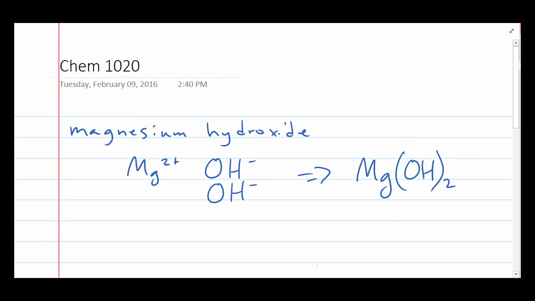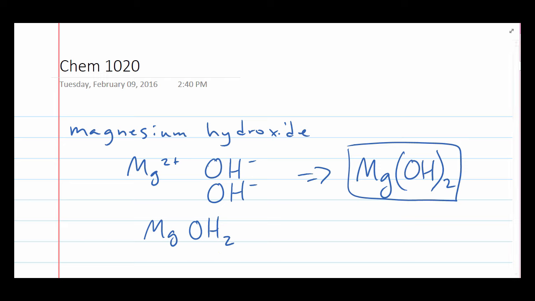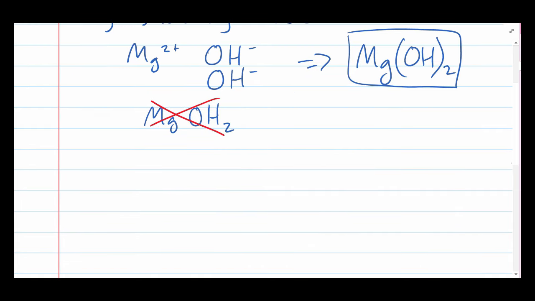Parentheses. That's right, whenever we have more than one of a polyatomic ion, we must include those parentheses. Because, of course, if we simply had written it as MgOH2, this tells us that there are how many hydrogens? 2. And how many oxygens? 1. So this one here would not work as a possible formula, but of all the polyatomic ions that we do, this is the most common mistake that people have.